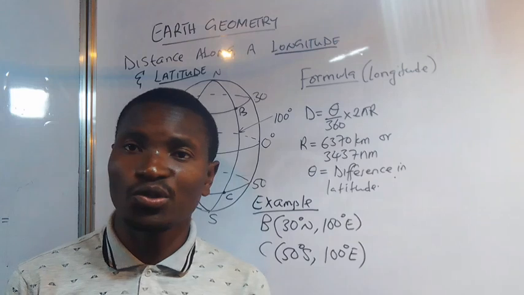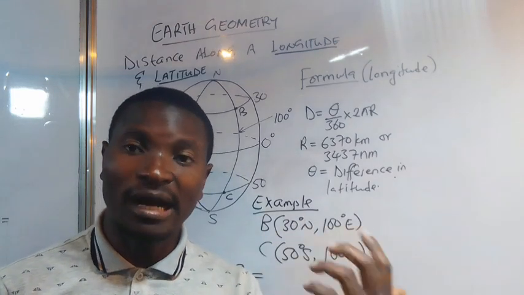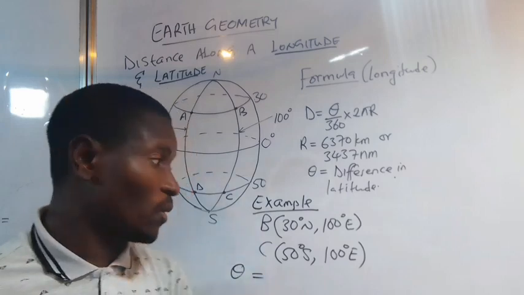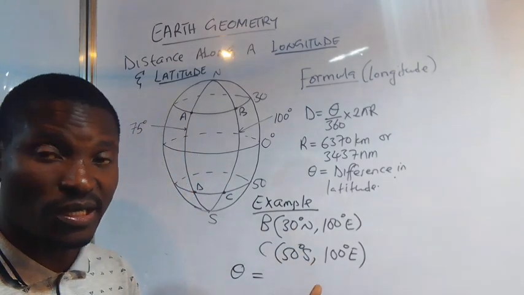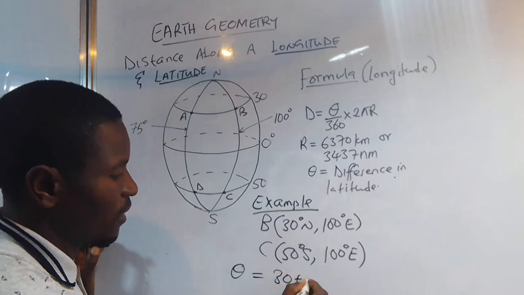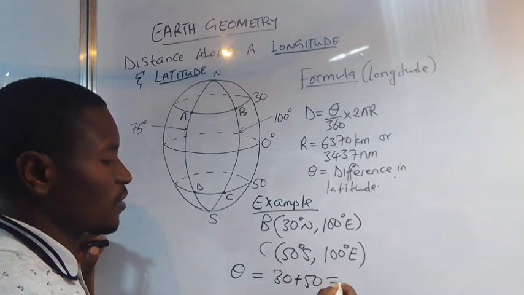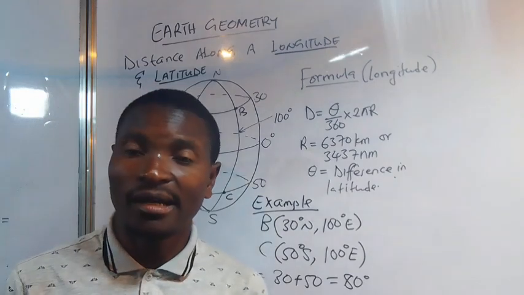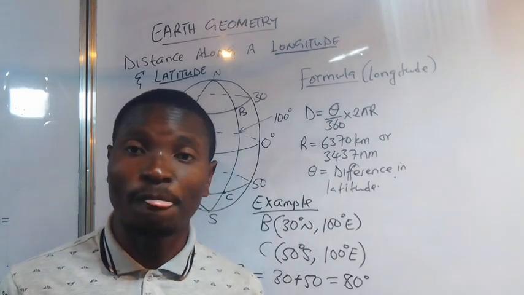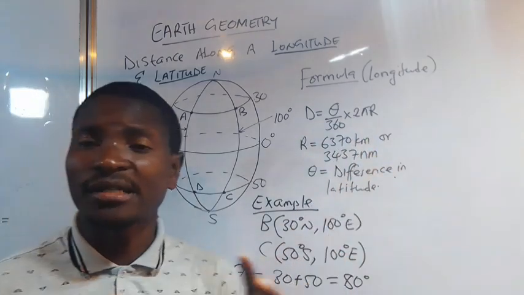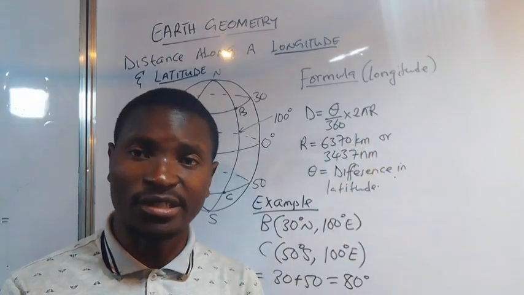So what you're supposed to do right there is you add the latitudes together. So this one is going to be 30 plus 50, and it's going to be 80 degrees. And that is more like the angle difference, okay? And after you find that, you can just go back to the formula and plug the numbers accordingly.